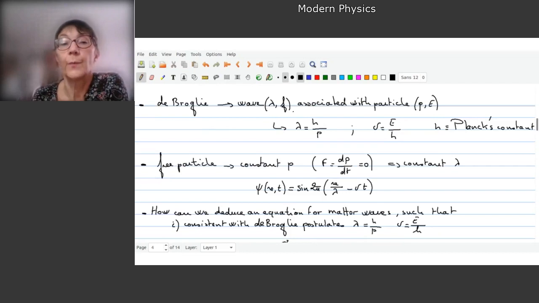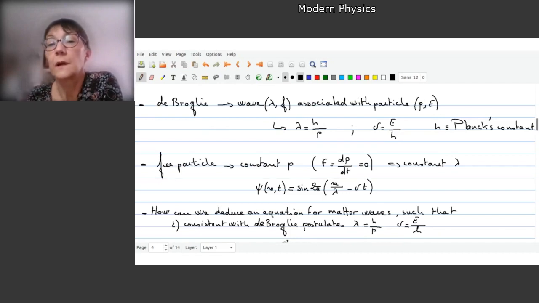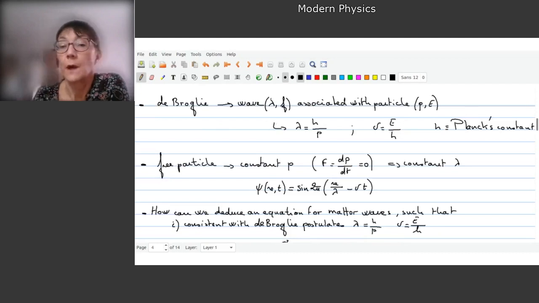So your particle is characterized by its linear momentum p and its energy E, and to this particle, characterized by these two parameters, you can associate a wave which is characterized by its wavelength and its frequency.